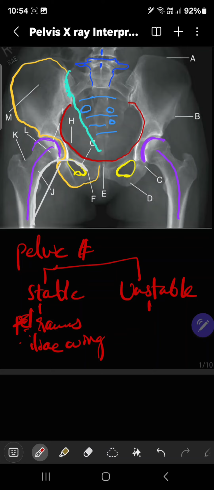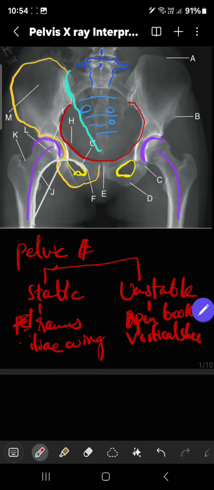In the unstable fractures, you can see open book, vertical shear, and lateral compression fractures.